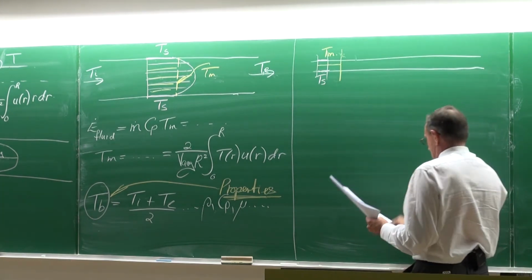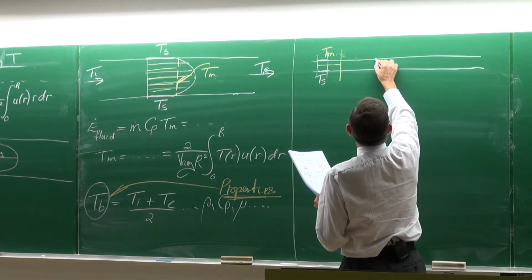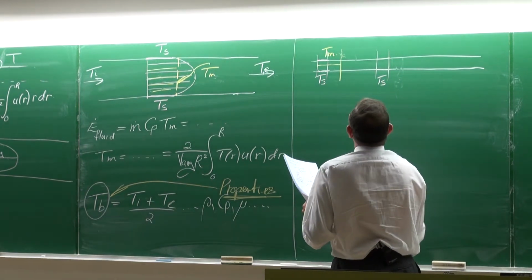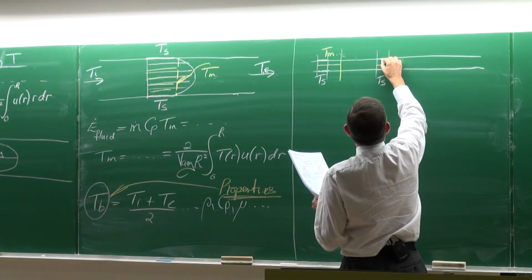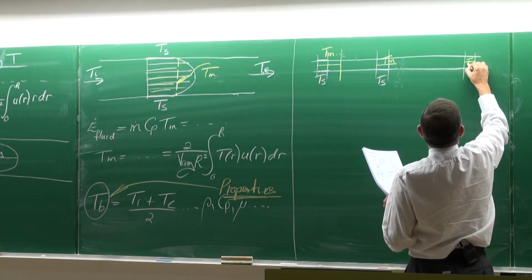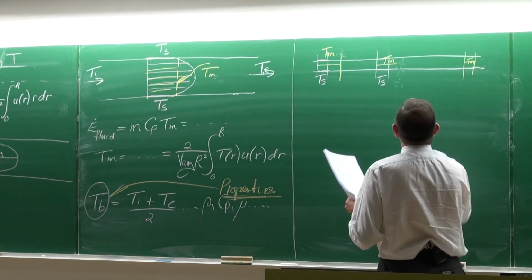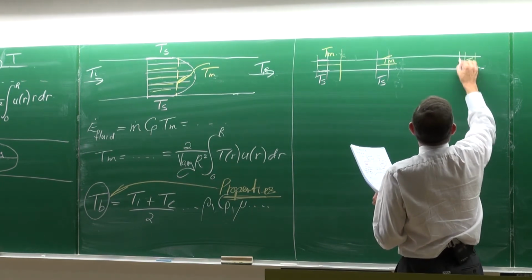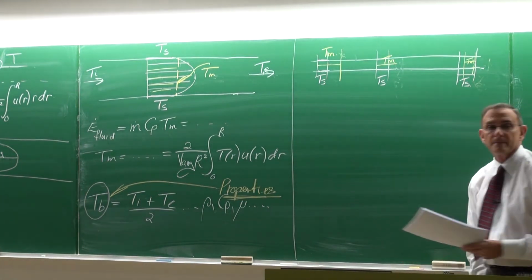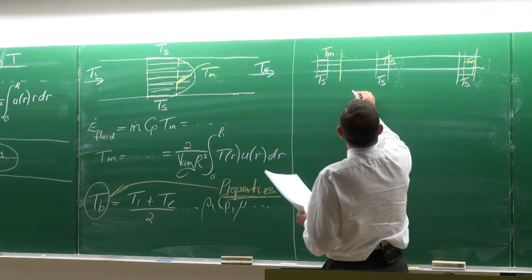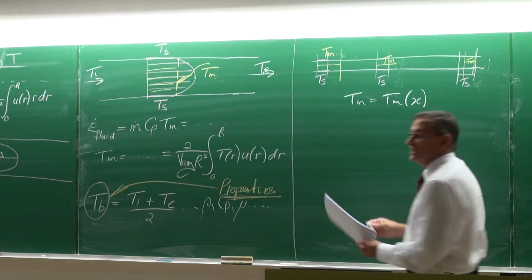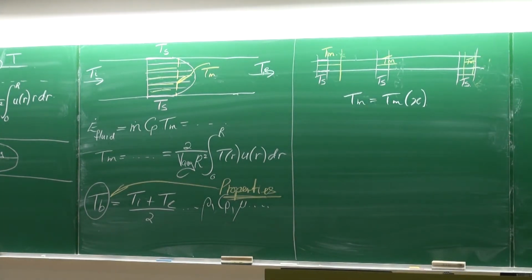And as we go along the tube, that temperature is going to get smaller, and it is smallest here at the outlet, because of the heat transfer. So the mean temperature Tm is a function of x. It changes along the tube. It's not a constant.